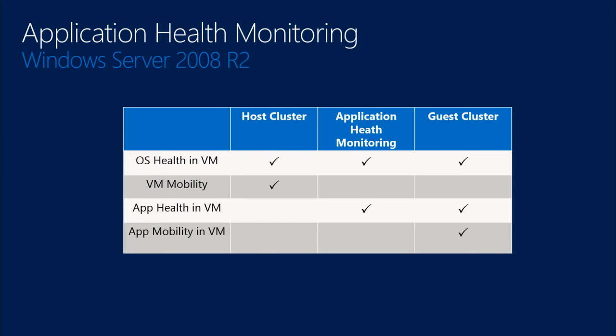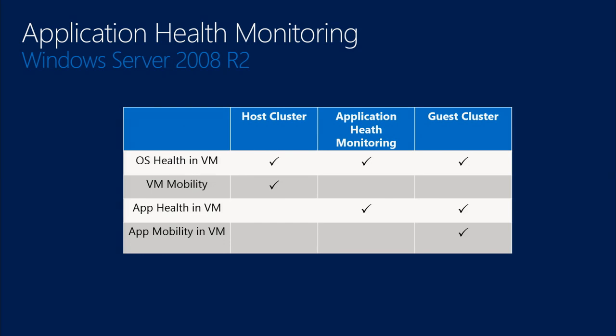So now if we look at host clustering, application health monitoring, and guest clustering, what we're gaining with the guest clustering is app mobility in the virtual machine, as well as failover protection. So if there's a failure, we'll move it. But also an advantage of guest clustering is that if you need to update the software of your application or the OS, you can fail over your application to the other side.